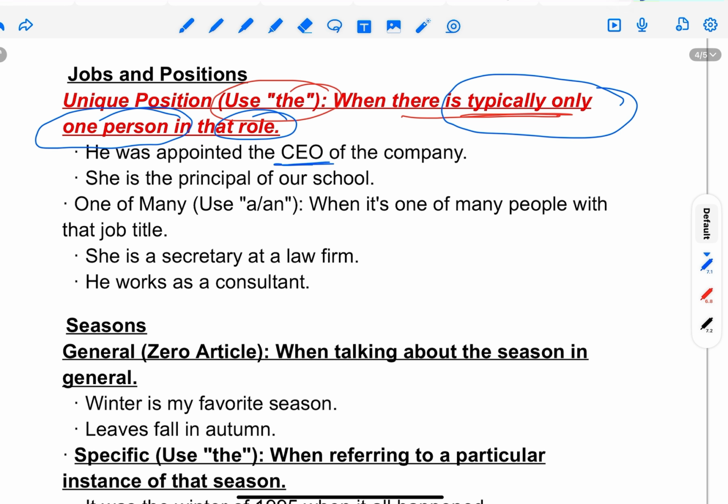So there is only one person sitting in that post. The principal of our school. In such a post where there is only one person, we can use the article the. But when there are many persons in a particular post, for example, secretary: the secretary at a law firm, he works as a consultant. There can be many consultants, there can be many secretaries.